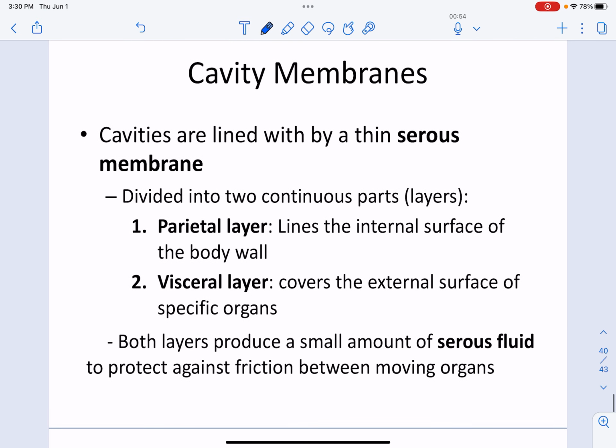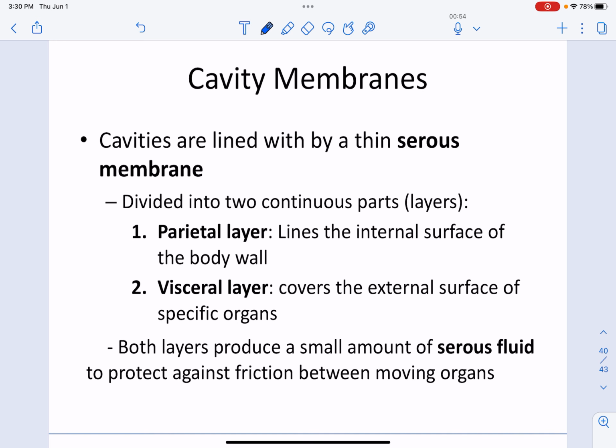I've touched on this, but I felt like it would be better to write it out. Again, there are those 3 cavities that are lined with a serous membrane, and the membranes actually have names.